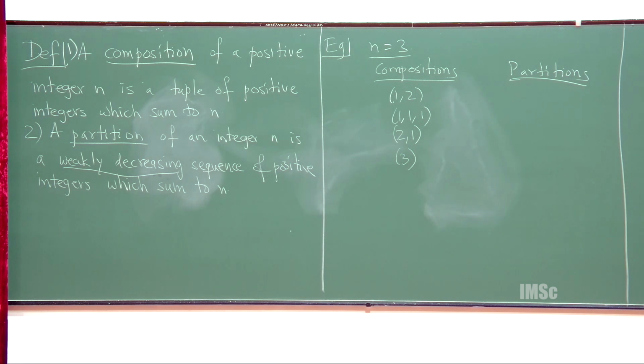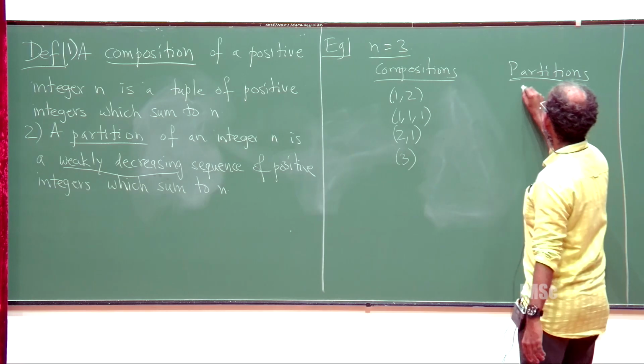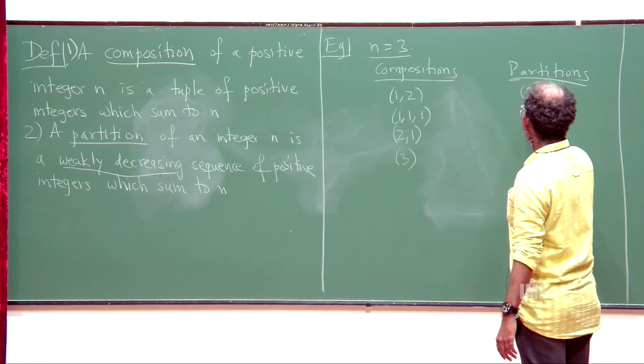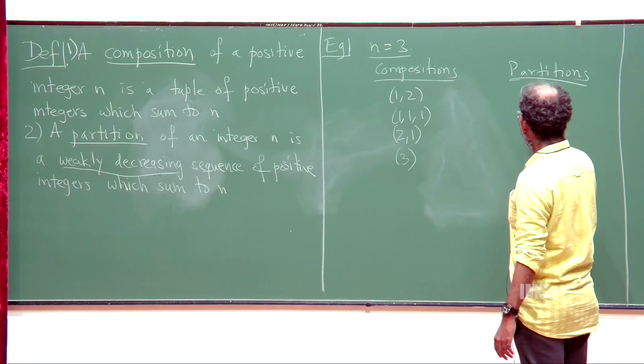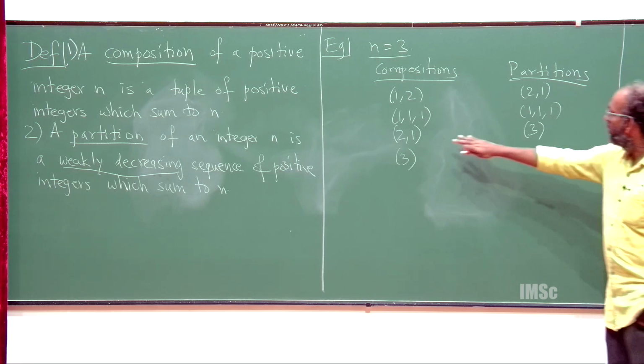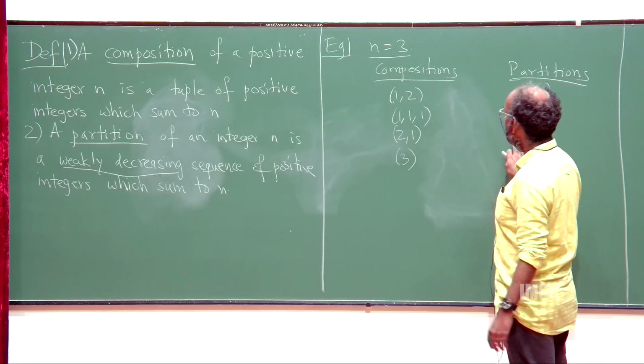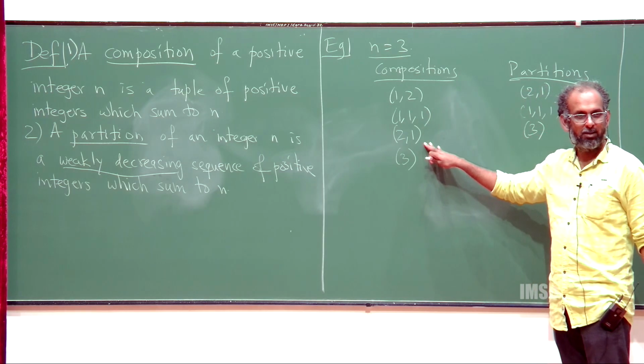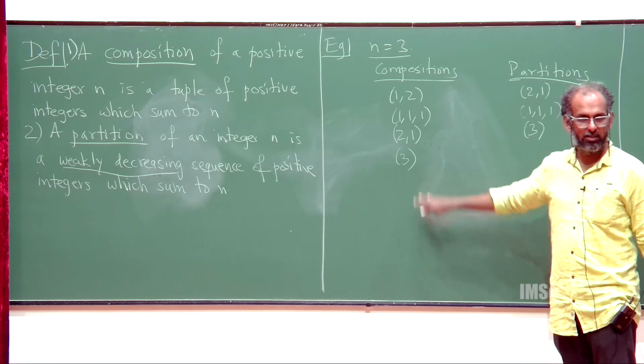I want to say decreasing, but I allow for equality, so I say weakly decreasing. Okay? 2, 1, 1, 1, 1, and 3. Everything here is also in the list of compositions, but that has extra stuff.